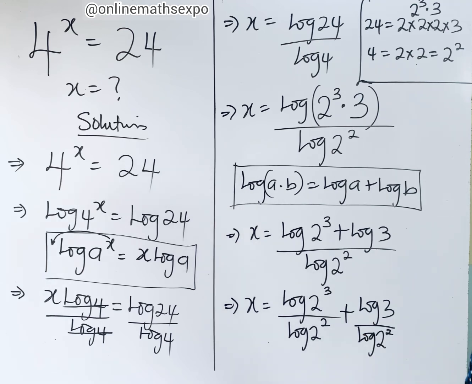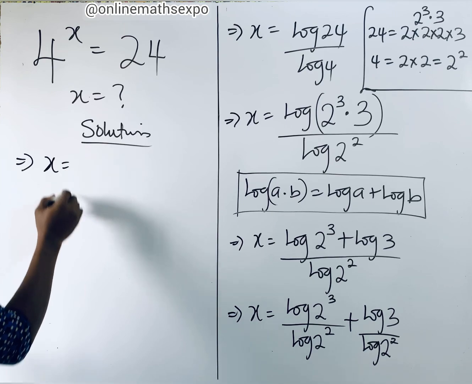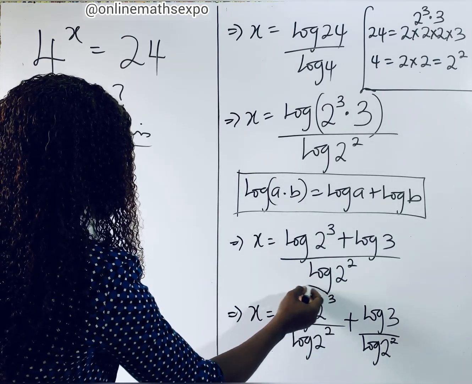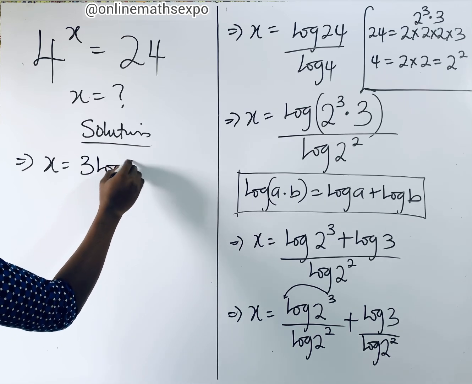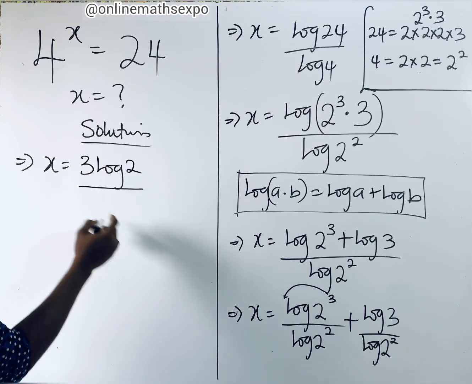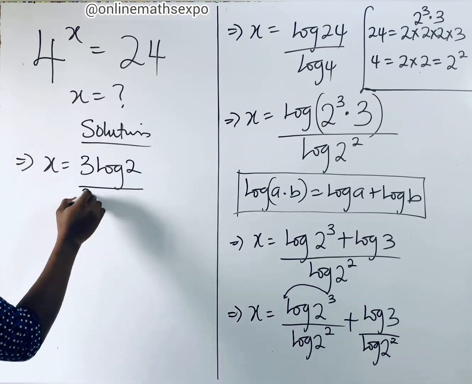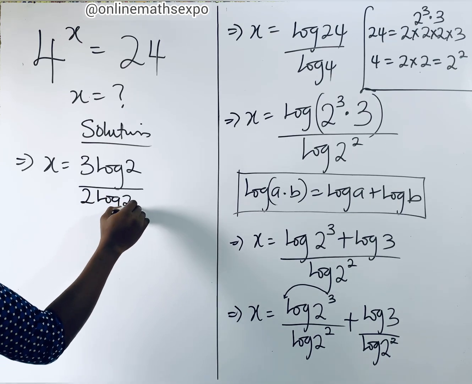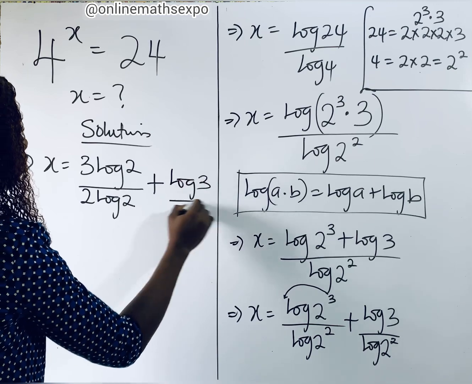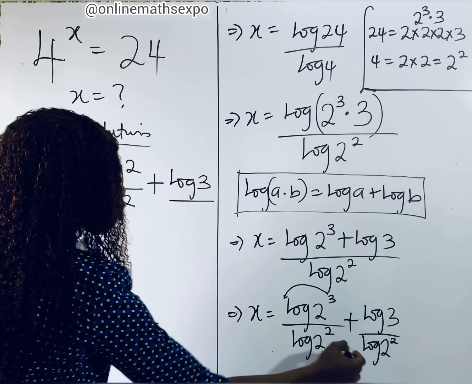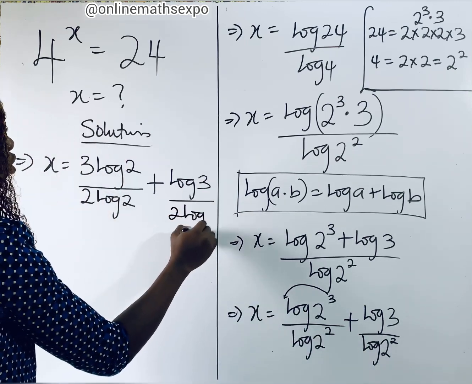Simplifying further, remember the power will always multiply, so we have x is equal to 3 log 2 divided by 2 log 2, plus log of 3 divided by 2 log 2.